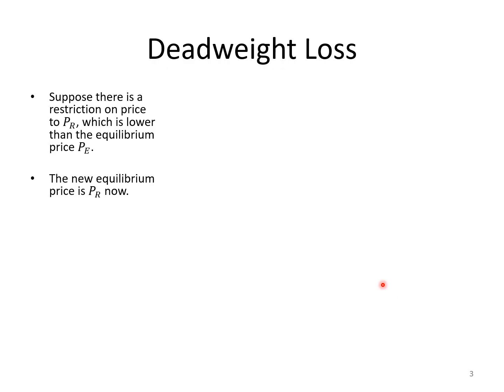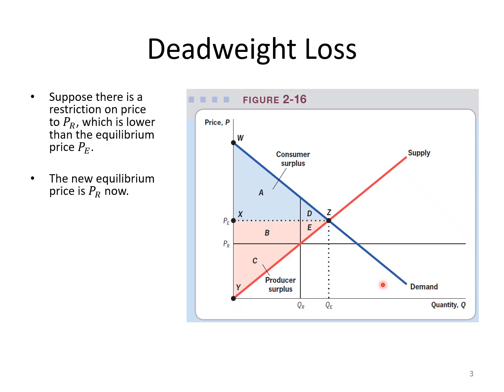Okay, so let's work through the example of deadweight loss here. All right, so at equilibrium, we have QE as a quantity and PE. And say the government decides that they're going to set a ceiling on the price. And so they're going to set a ceiling here of PR.